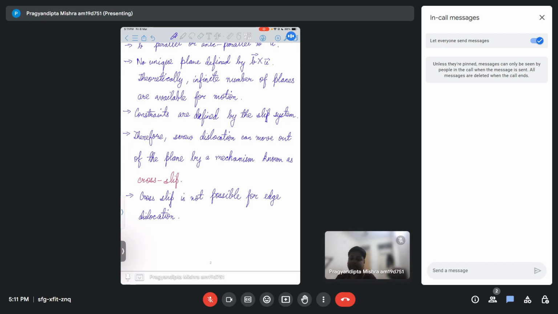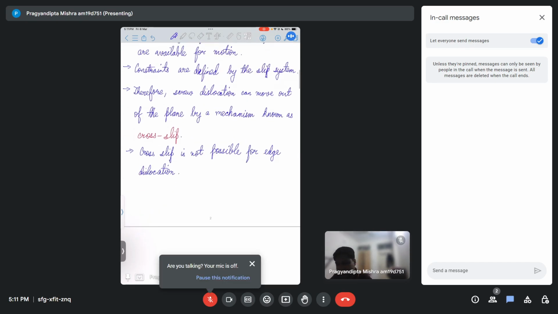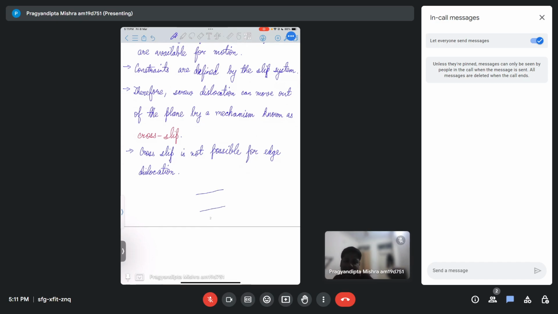Okay. So how does this cross slip happen? Let's understand it with a schematic. Okay. So let's say we have a body like this. Like we are looking at a plane for a particular body, and let's say this is the screw dislocation. The shaded part is the screw dislocation.